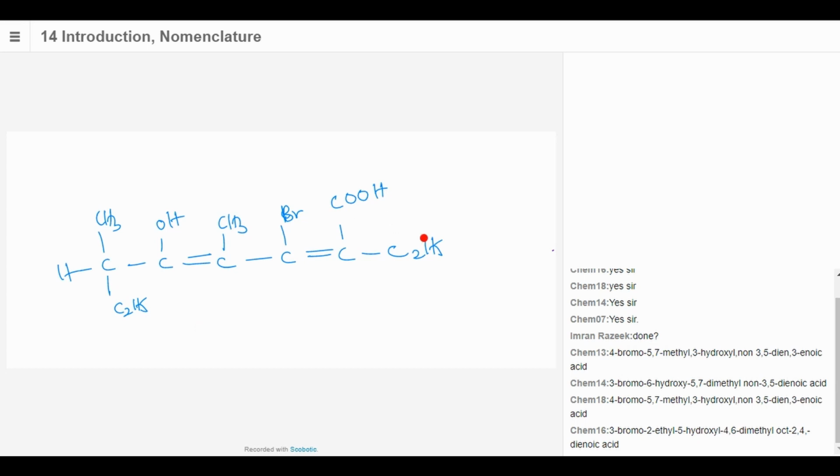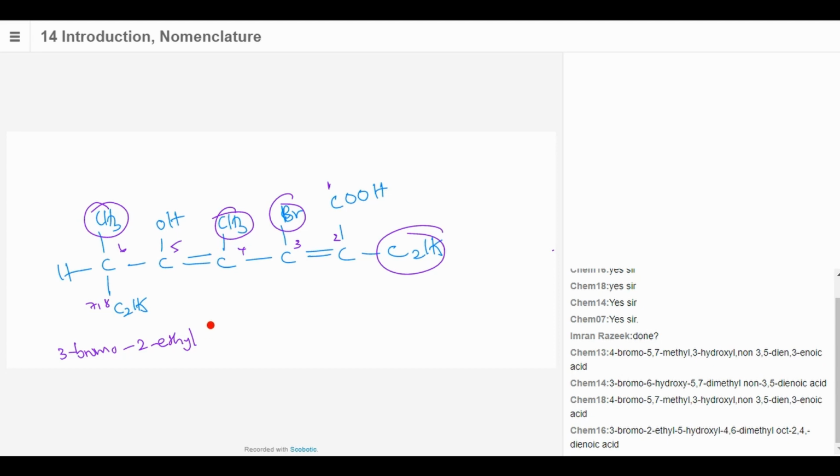Right, so let's see who got it right. This is 1, 2, 3, 4, 6, 7, 8. These are the substituents. So B comes before anything. So it's 3 bromo, 2 ethyl.